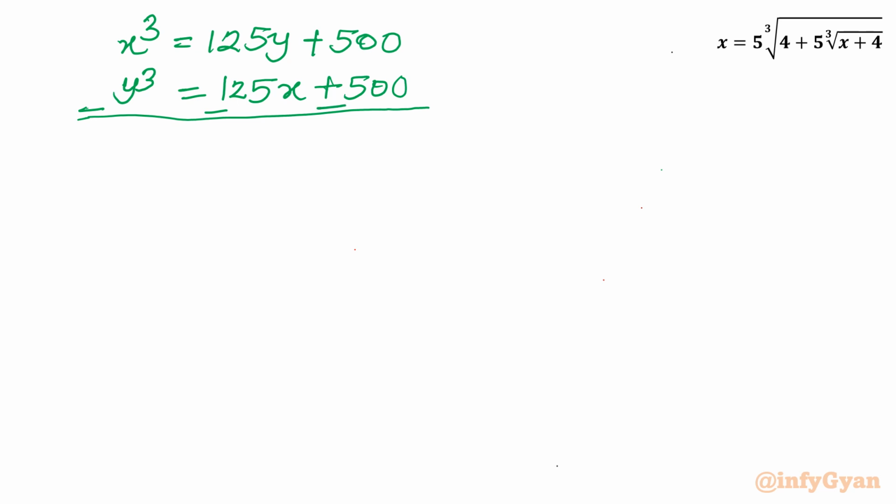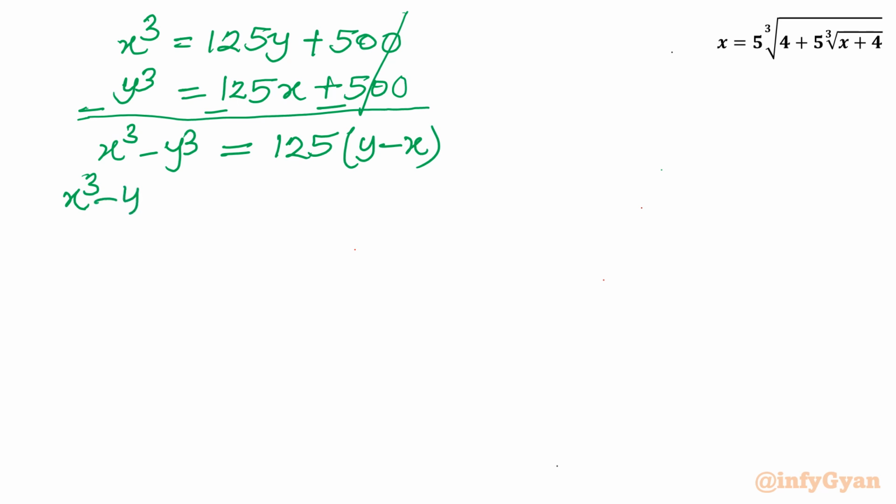So the left hand side will be x cube minus y cube. On the right hand side I will take 125 common out, y minus x. This term will cancel. Take all the terms to the LHS: x cube minus y cube, then it is better to write plus x minus y times 125 equal to 0.